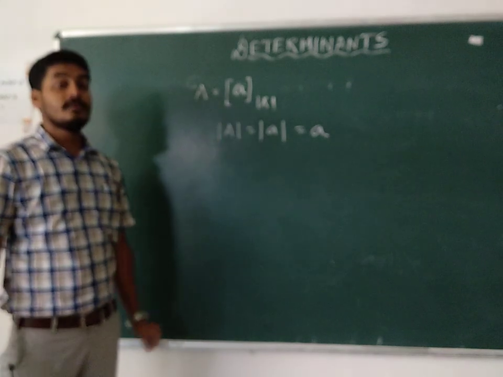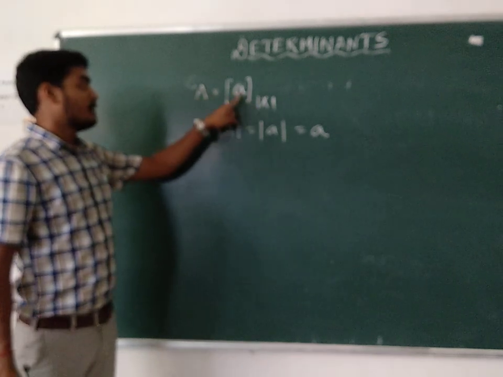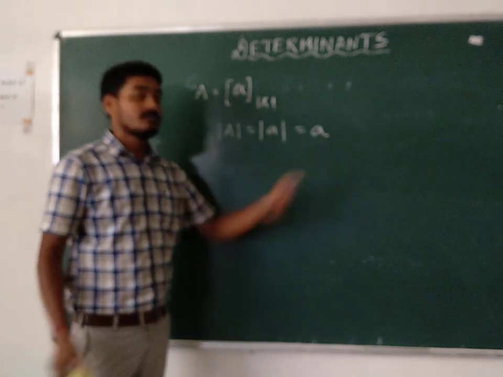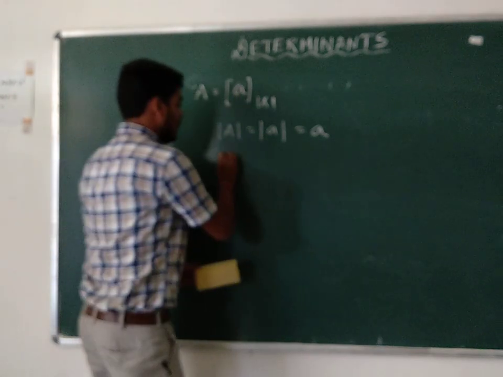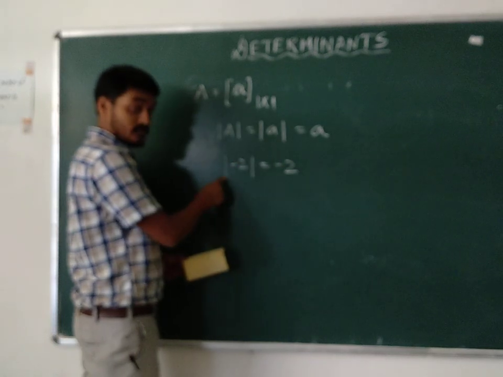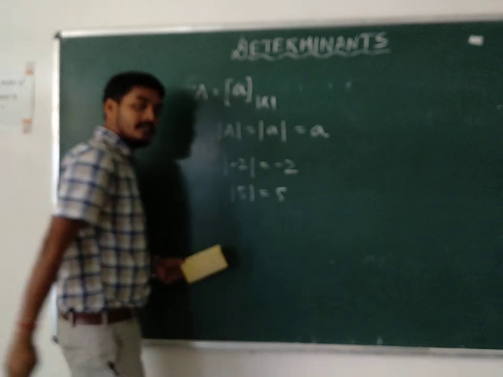The determinant of minus 2 is equal to minus 2, it is not the modulus. The determinant of 5 is equal to 5, like that.